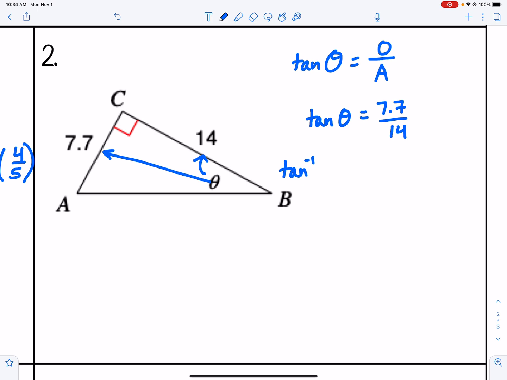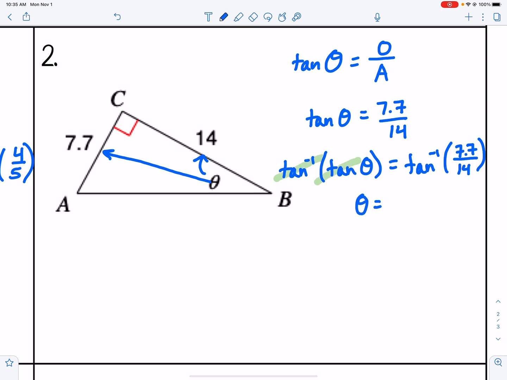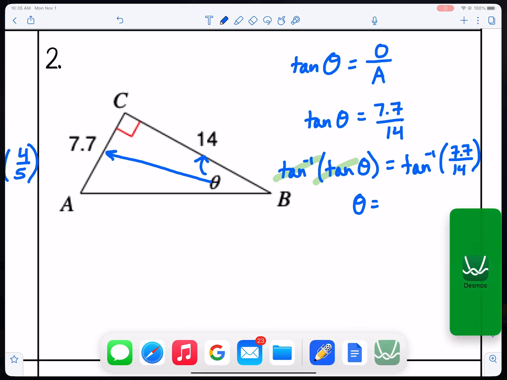You want to take the inverse tangent to get rid of tangent. And then just take the inverse tangent of both sides. That's going to help us to cancel out the tangent. We got theta by itself, and the rest we just type into the calculator.